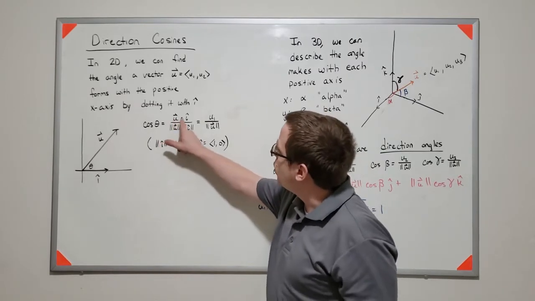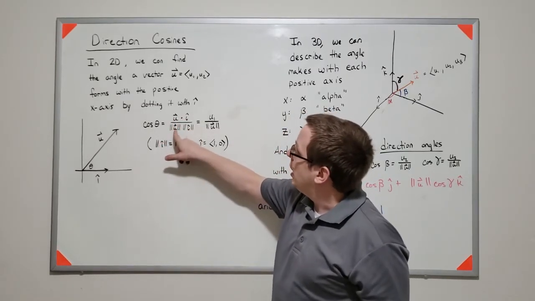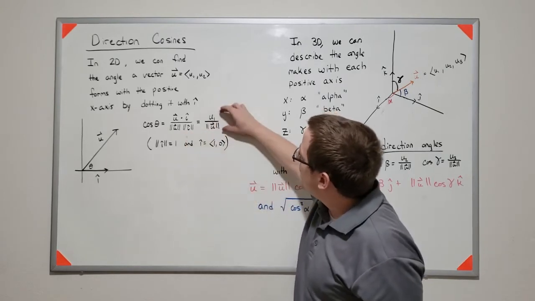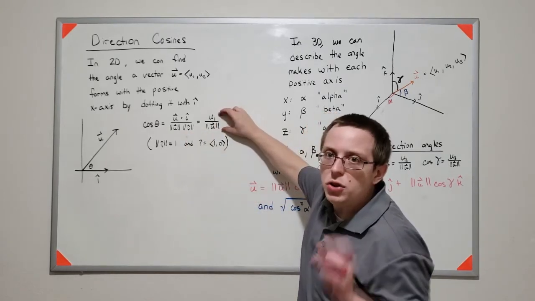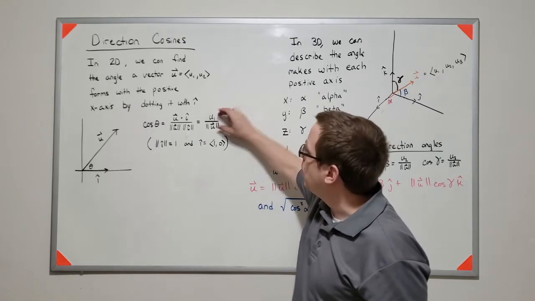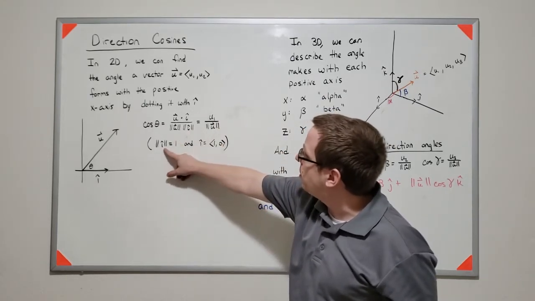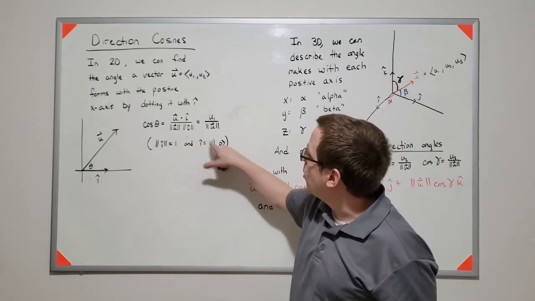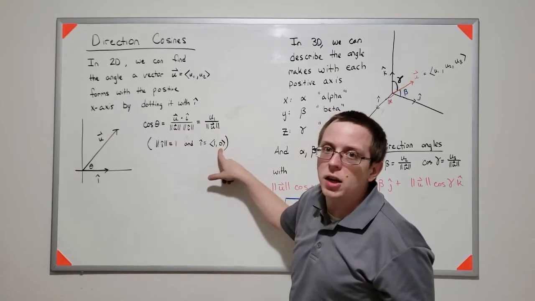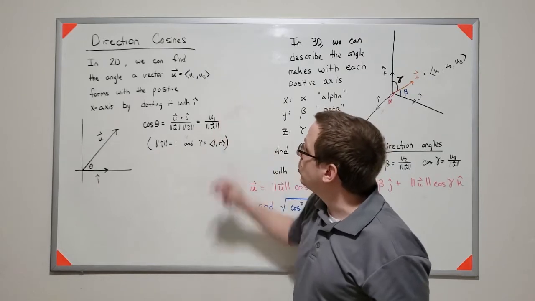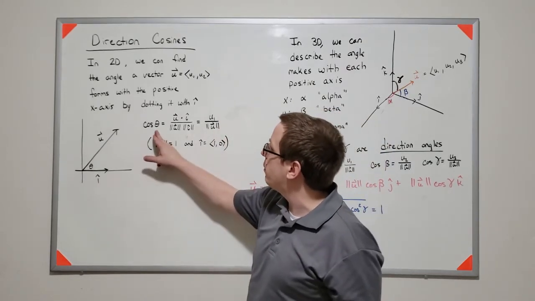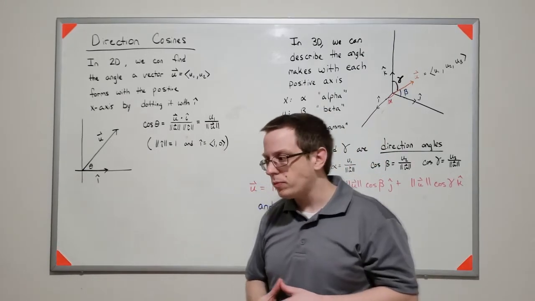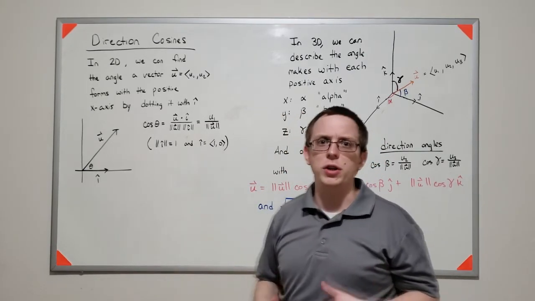So if we do u dot i, and then we divide it by the magnitude of u and the magnitude of i, what we get is this simplified u1 over the magnitude of u. And that happens because the magnitude of i is equal to 1. And since i is (1, 0), when you dot it, the second component disappears and you're only left with the first component. So cosine of theta is equal to u1 over its magnitude. So that's fairly straightforward in 2D.